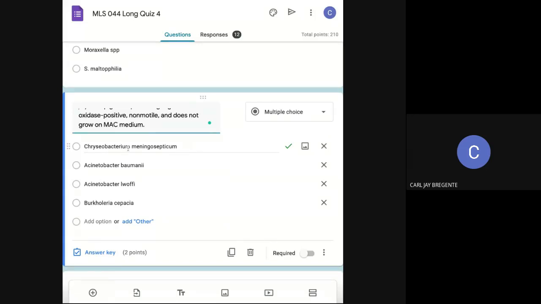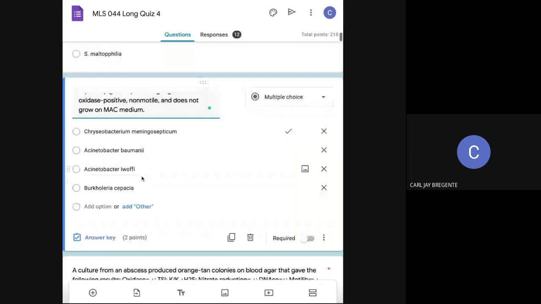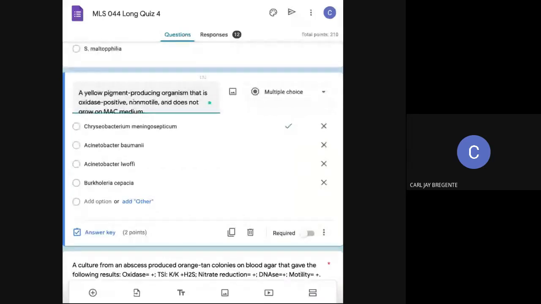So iyahang characteristics is the yellow pigment coloration, yellow pigment colored sa blood agar plate, and it does not grow on MacConkey agar.